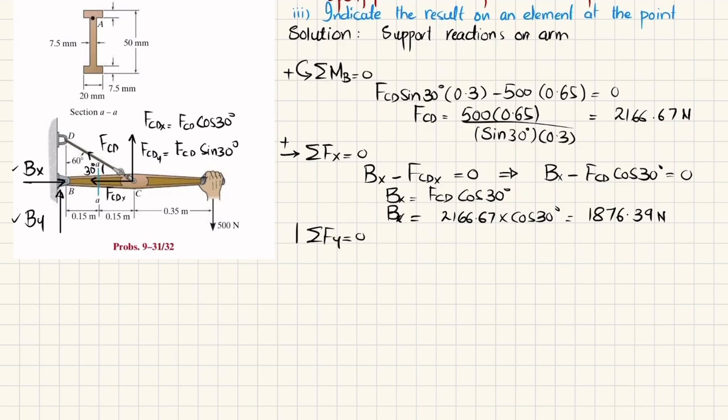Now we'll find By using the equation of equilibrium that the sum of all forces along the y direction must be equal to 0, with upward force taken as positive. One force is upward, the second is the FCD y component, and the third, 500, is downward.